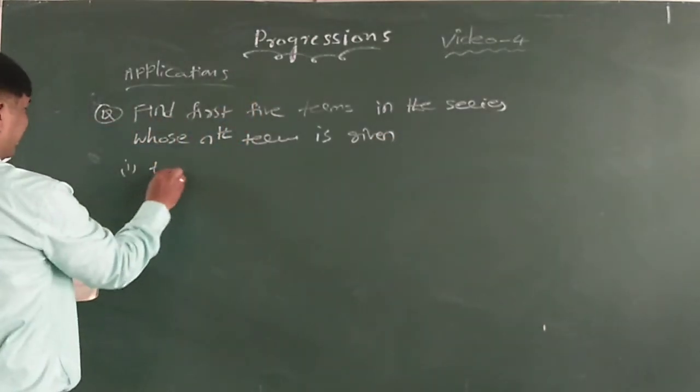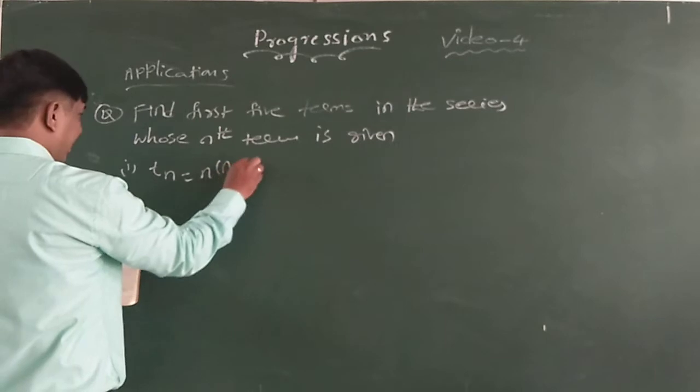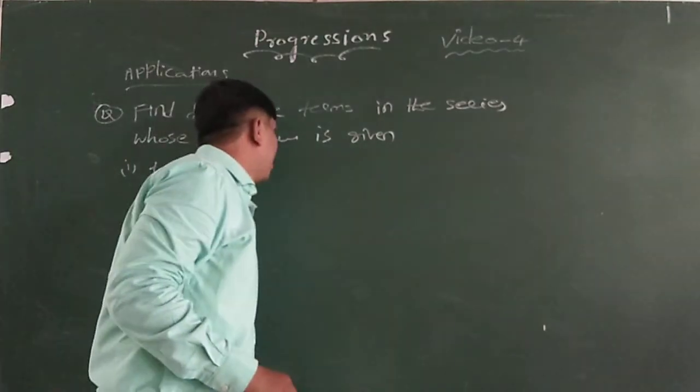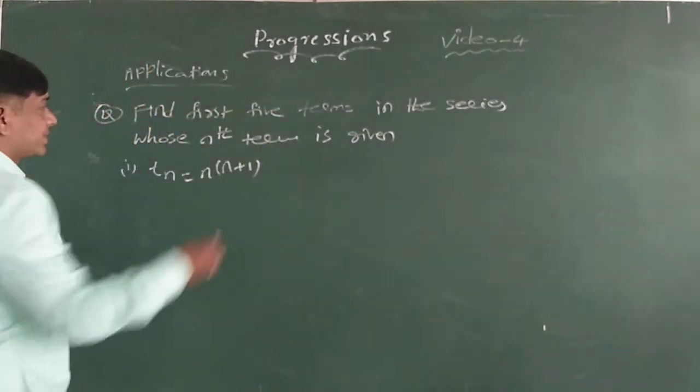Tn is equal to n into n plus 1. How many terms? First 5 terms.